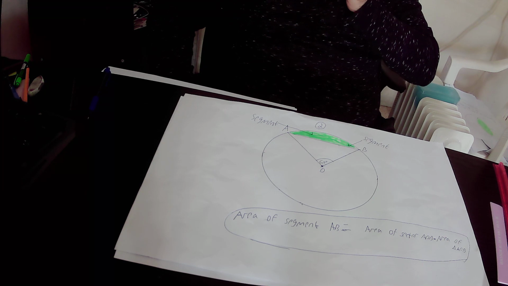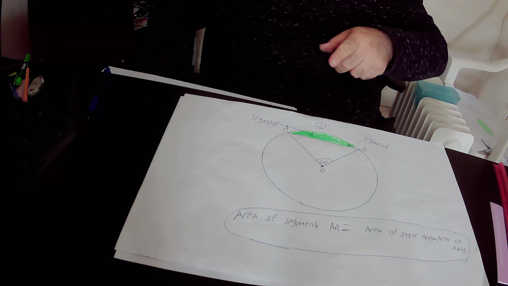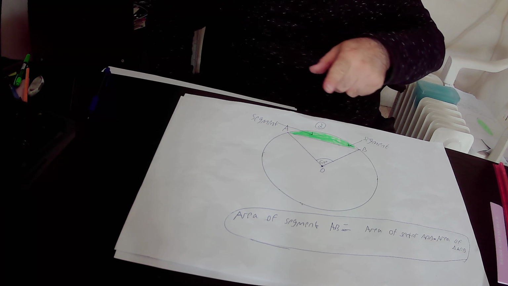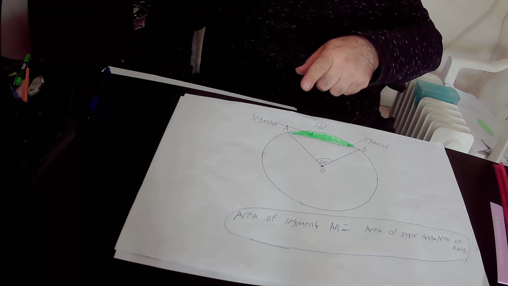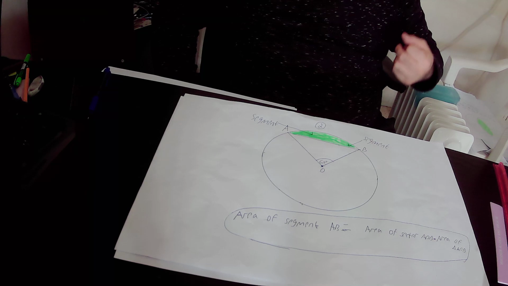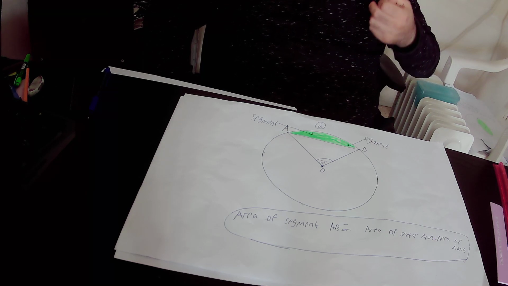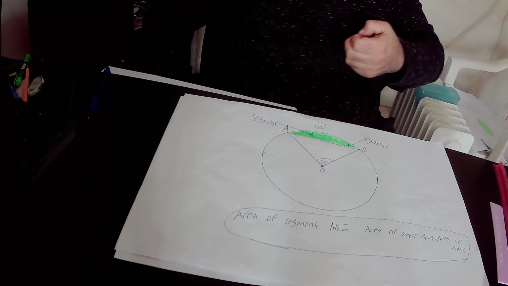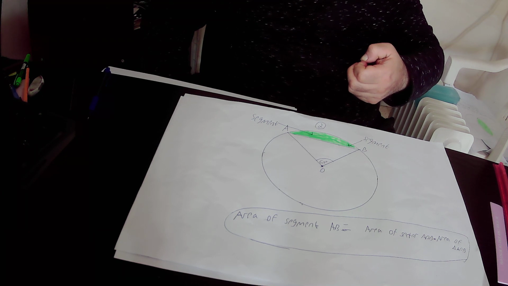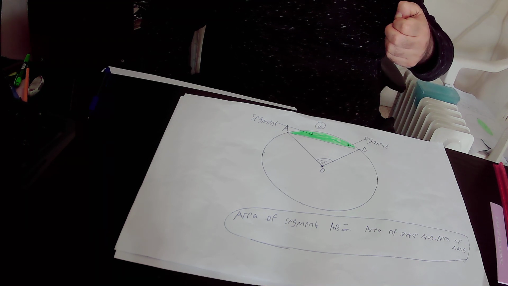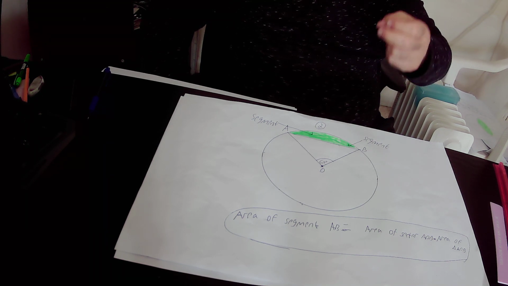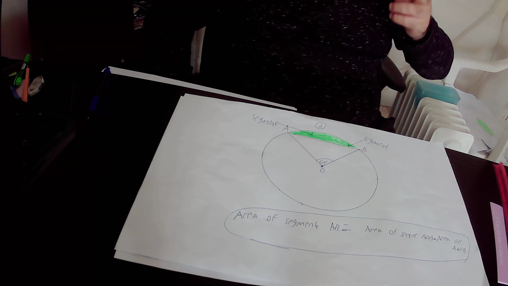The definition of a segment is the area inside a circle that is bounded by chord AB and arc AB. So the area that is bounded by a chord and the arc that is attached to that chord is defined as a segment.